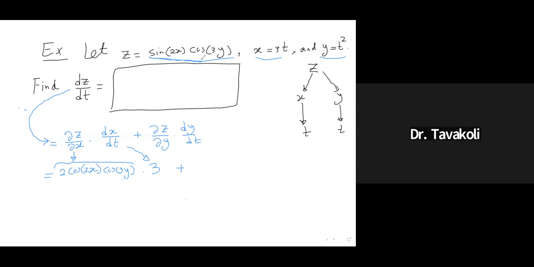So I will have sine of 2x just like a constant, times minus 3 sine of 3y.